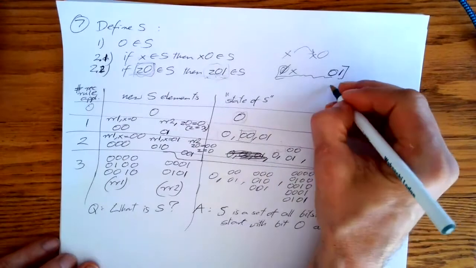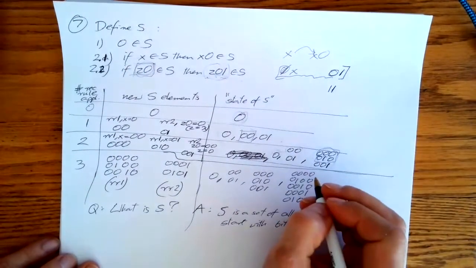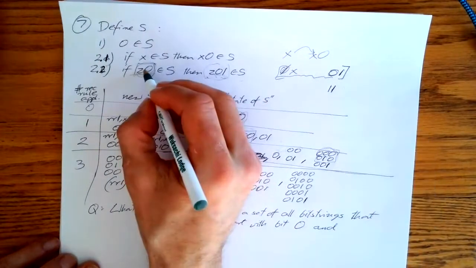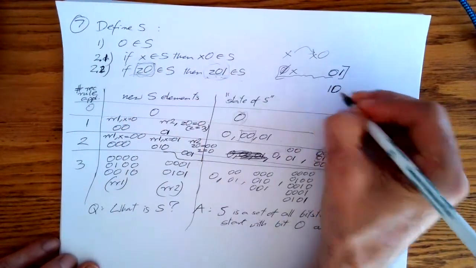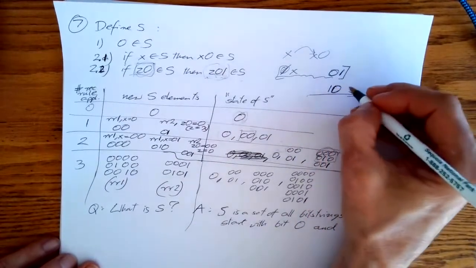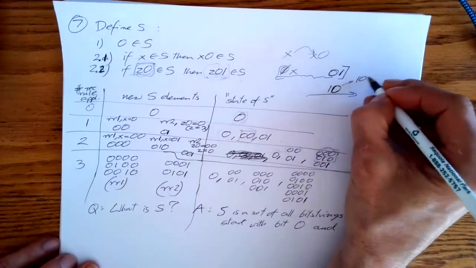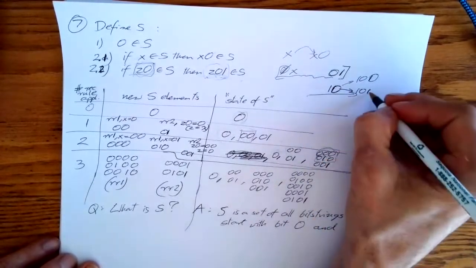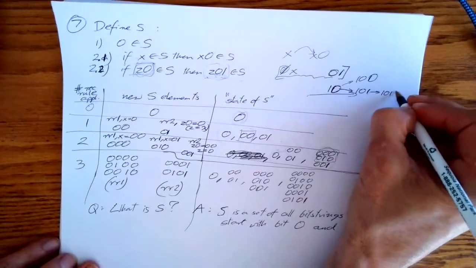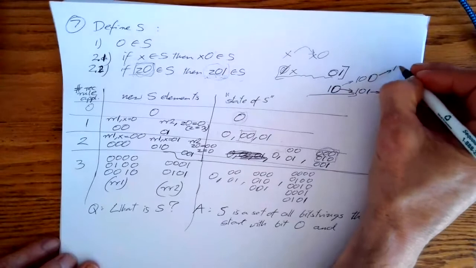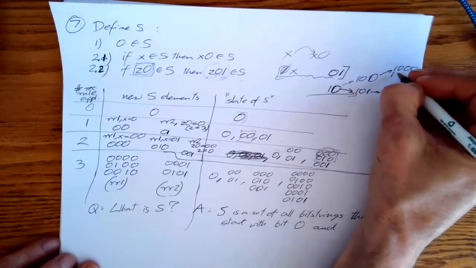In other words, you cannot create this string, right? Because if something ends with a 1, then you have to add a 0 to it. That's the only way to make it grow. At this point, you can add both 0 and 1. But from here, you can only grow by putting 0, whereas here you can put anything.